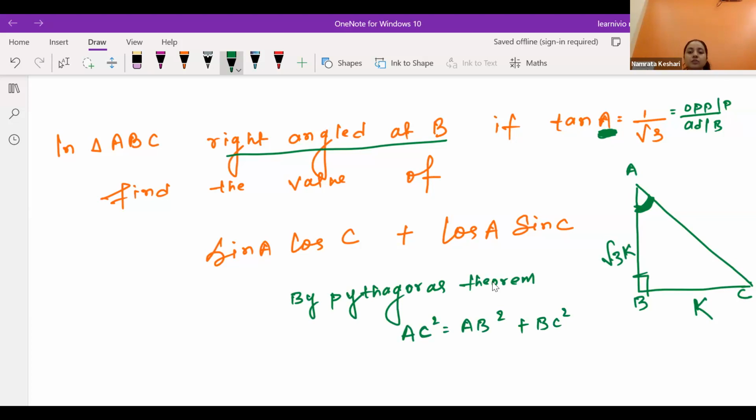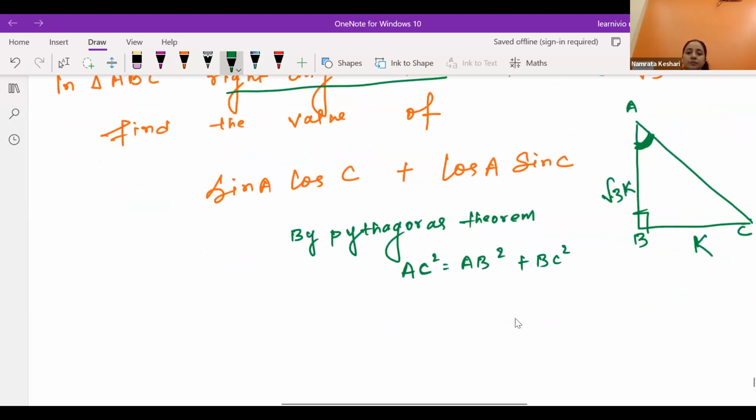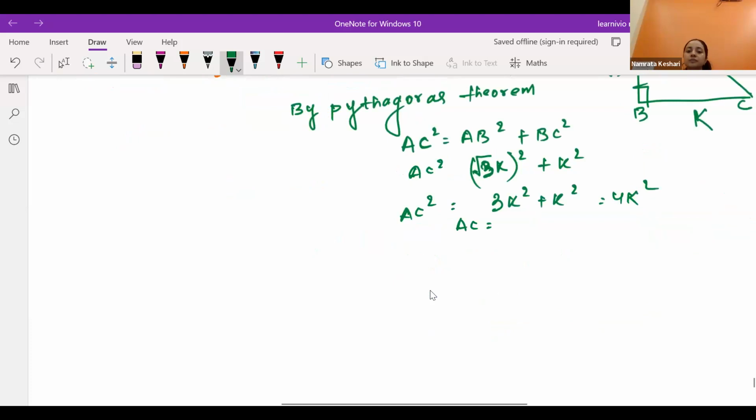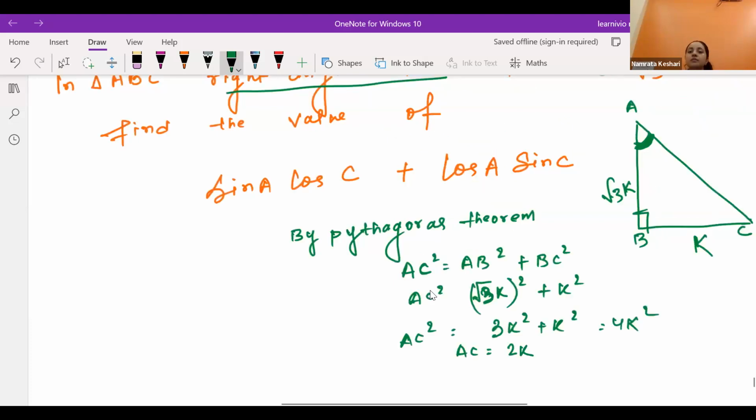Okay, 2K, let's do it. Just 3K square plus K square, that is 4K square, that is AC square. Then AC will be just 2K. So we got the hypotenuse also.